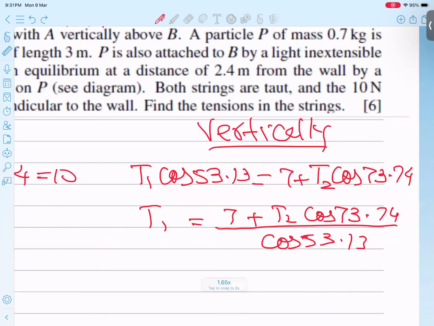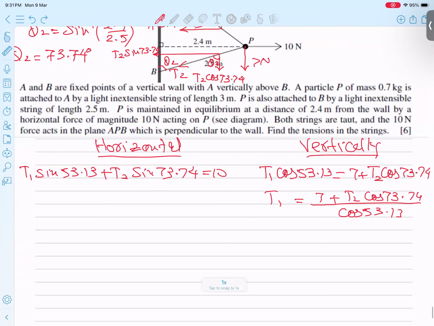I'm going to plug it in here, for T1. So let's try to do it. Put in the T1 value. It's a little bit of complicated algebra, but not impossible to do.